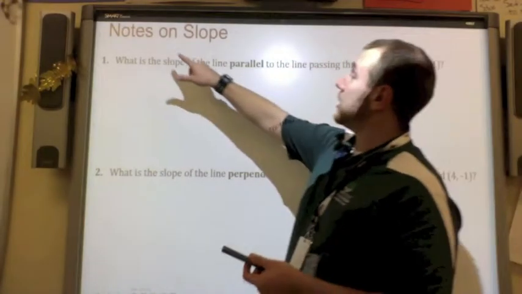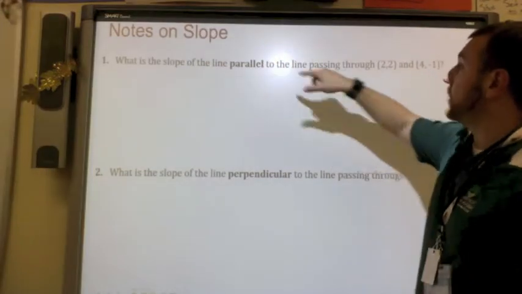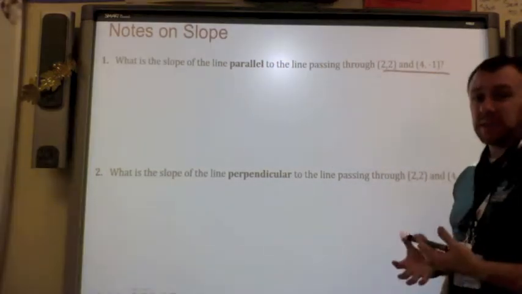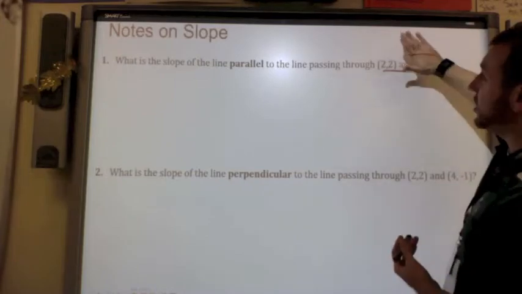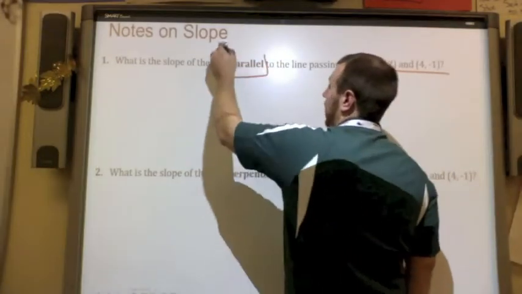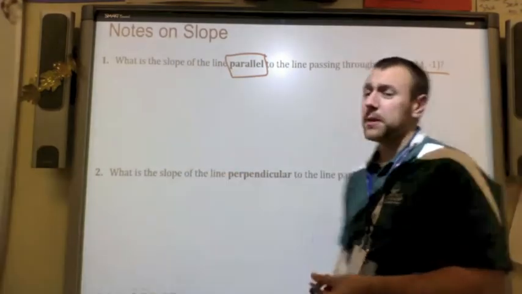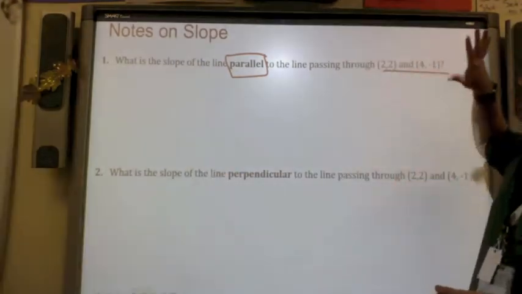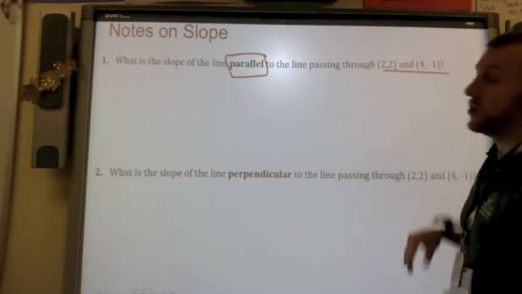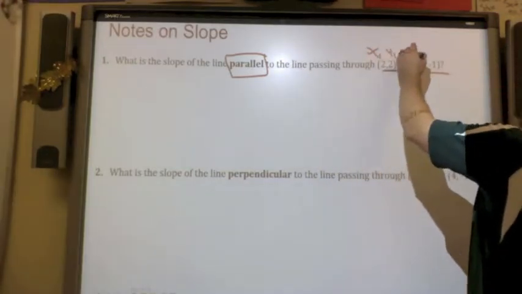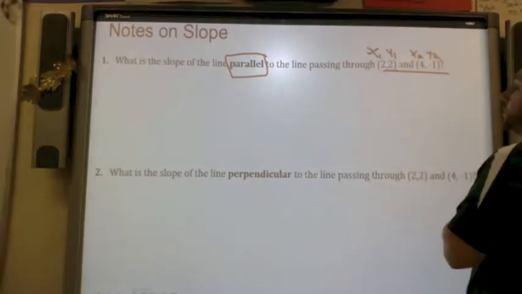I want to know the slope of the line parallel to the line passing through these 2 points. What's really important is these 2 points and the word parallel. That's why it's in bold. And I know I'm dealing with slope. So I have 2 points. I'm going to find the slope between those 2 points. So again, x1, y1, x2, y2.